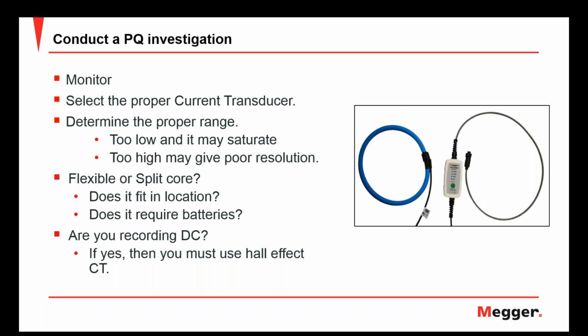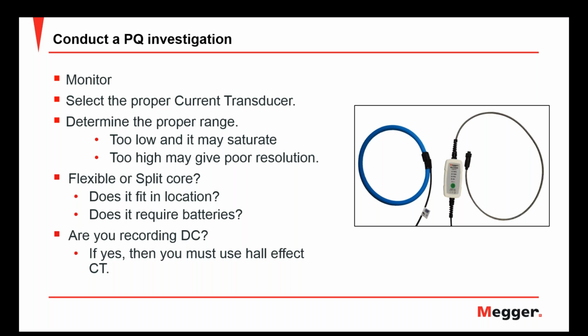Air cores have a lower permeability, so they are not as efficient at transferring the magnetic field, especially weak fields. So although you may get a good RMS reading, your phase angles and your signal to noise ratio may be off. So again, with low values, really go for split cores. If you're going for higher currents, then the flexibles are ideal.